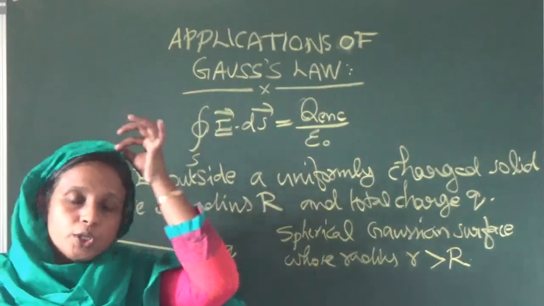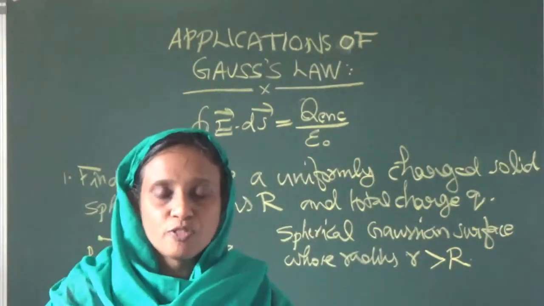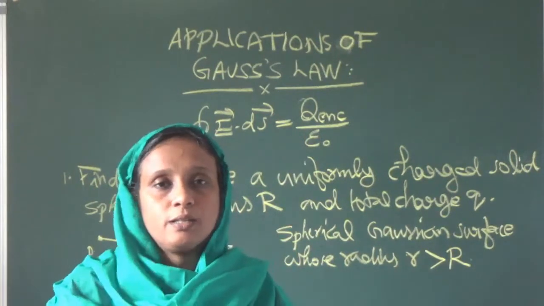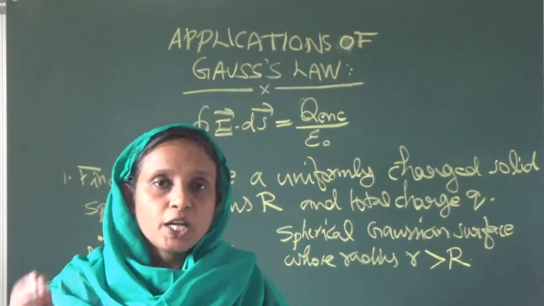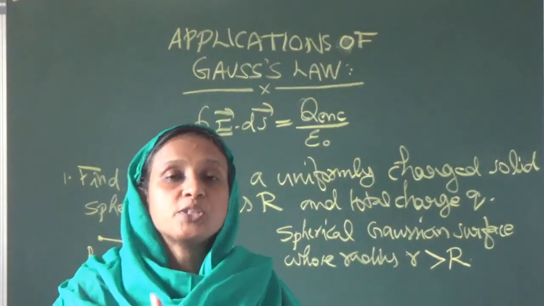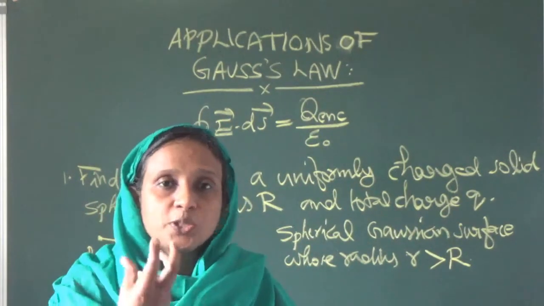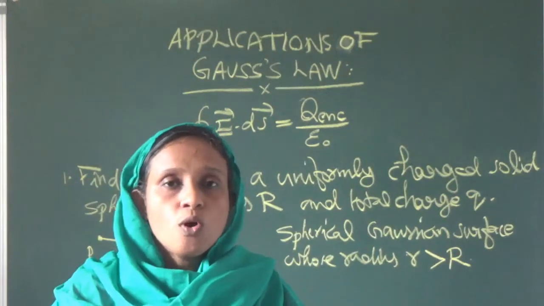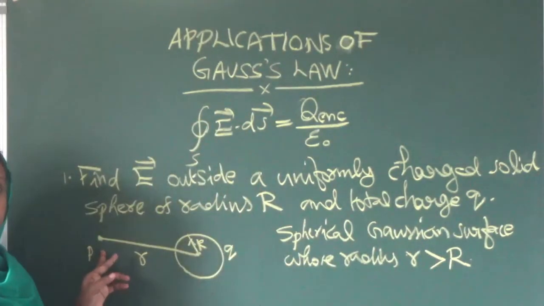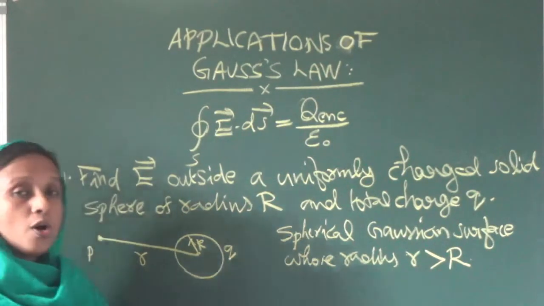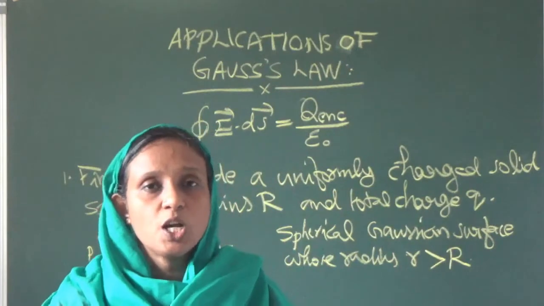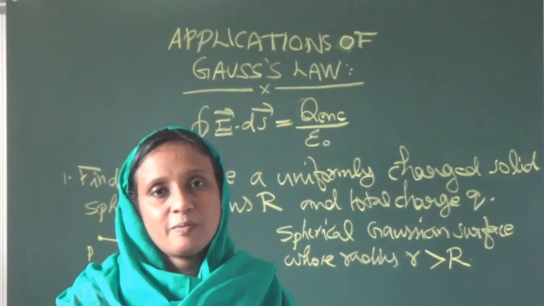Okay, so due to the spherical symmetry of the problem, since we have a charged solid sphere, we assume a Gaussian surface with the same symmetry. So we assume a Gaussian sphere, and now we want to find out the electric field at the point P. This P is lying on the surface of the Gaussian sphere.